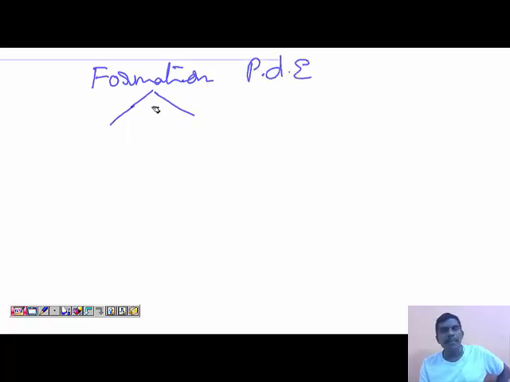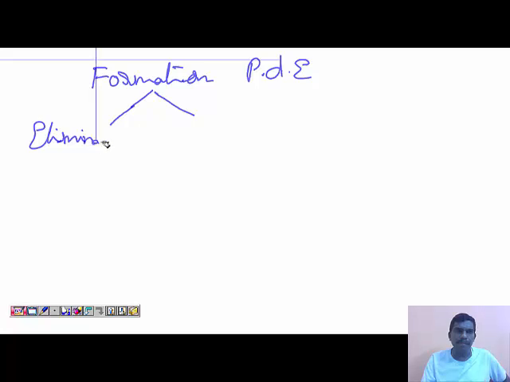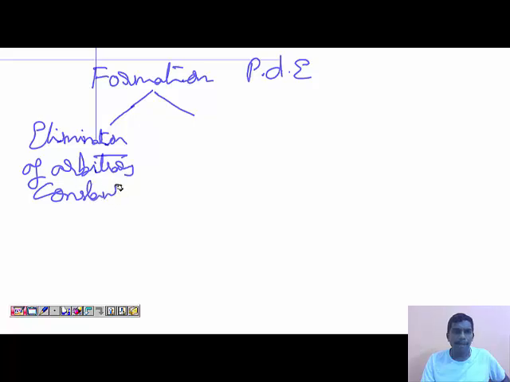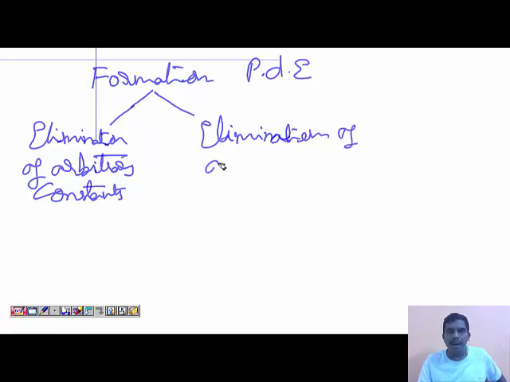When we say formation of a PDE, there are two different ways you can form a differential equation, that is, elimination of arbitrary constants, and the other one is elimination of arbitrary functions.